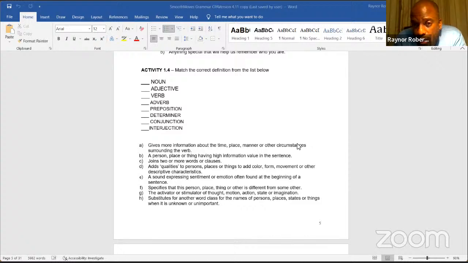So it could be different things based on where the word is located in the sentence. That's all I wanted to check, because I don't remember working on functions. I remember just working on parts of speech.